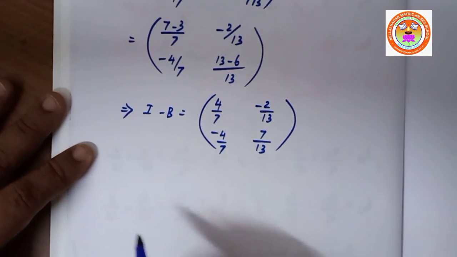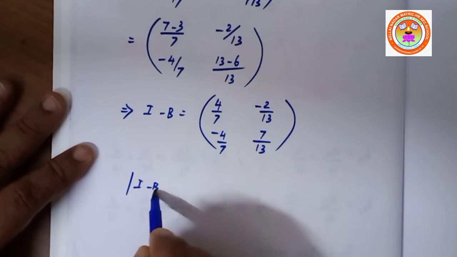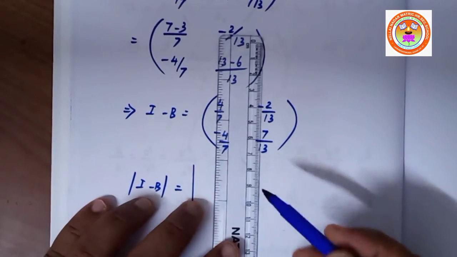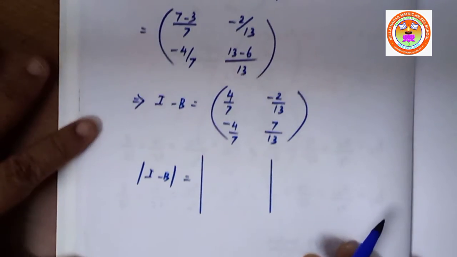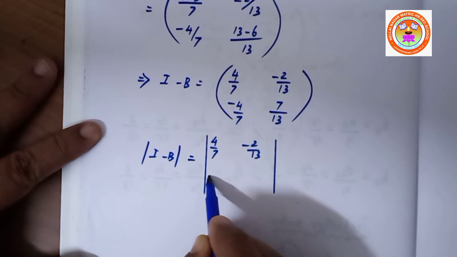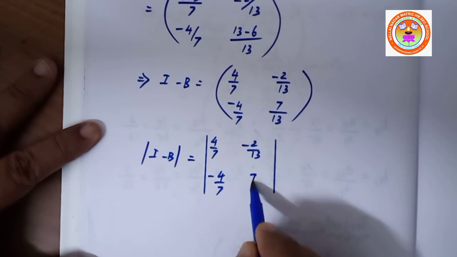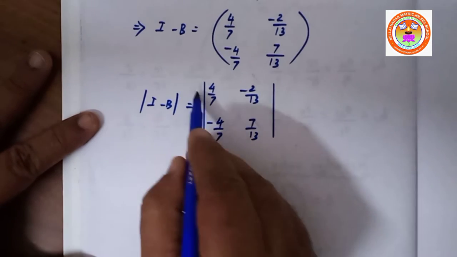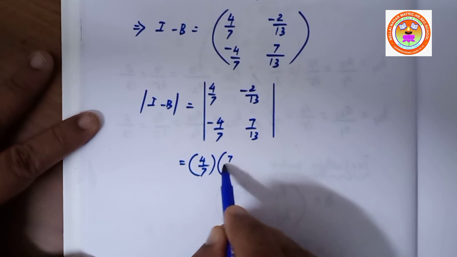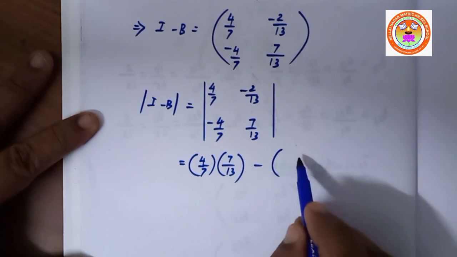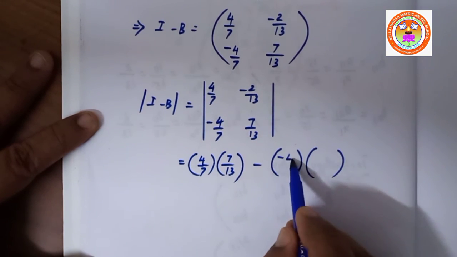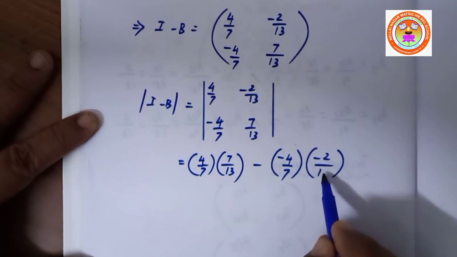Then you have to calculate the determinant of I minus B, that is the determinant of 4 by 7, minus 2 by 13, minus 4 by 7, 7 by 13. Multiply the main diagonal elements, 4 by 7 and 7 by 13, minus the product of the non-leading diagonal elements, minus 4 by 7 and minus 2 by 13.